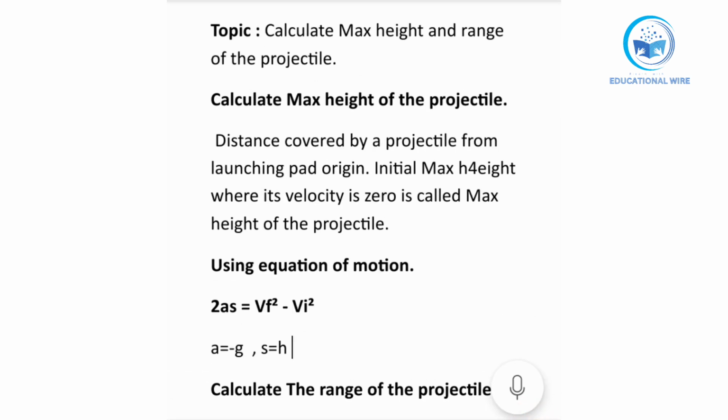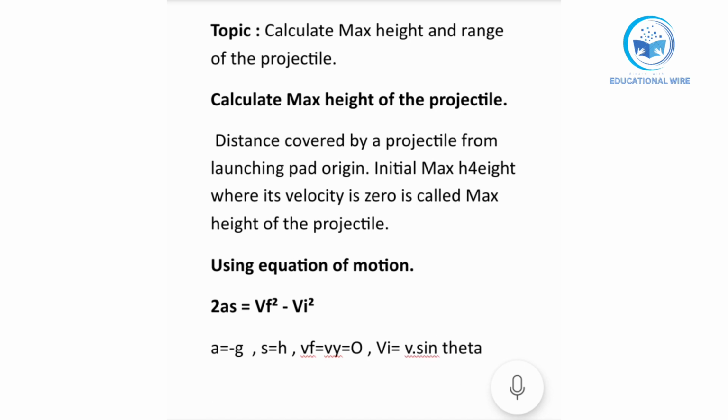Third, vf, the final velocity, is equal to vy, and vy is also equal to 0 because at maximum height it is 0. After that, vi, the initial velocity, is equal to v sine theta. Now we will substitute the values: 2 in place of a we put minus g, in place of s we put h.